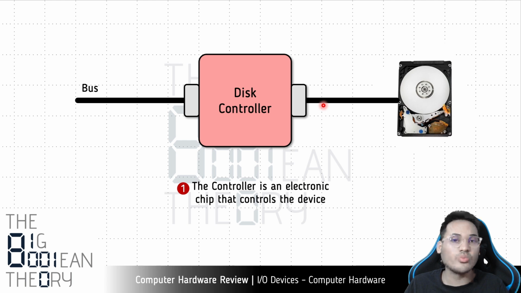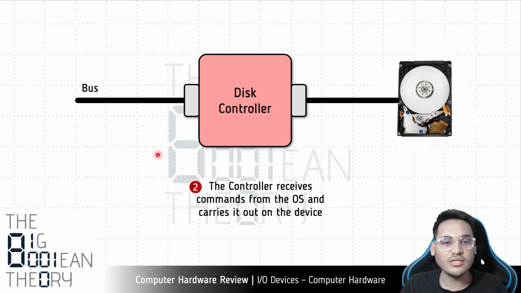Let us see some more points to understand the device controller in more detail. The next point is that the device controller receives commands from the operating system and carries them out on the device. We saw the updated compute stack where we said that the operating system does not directly interact with the device. That means the operating system will not be directly communicating with the hard disk. Instead, it will be interacting with the device controller, that is, the disk controller in this case.